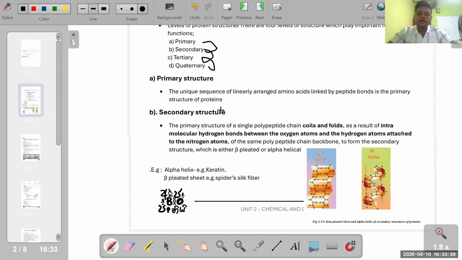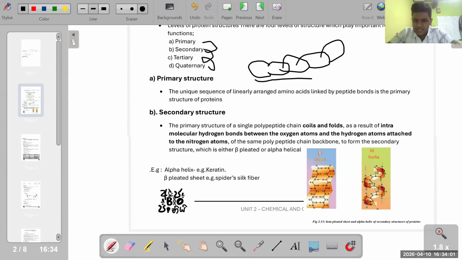What they have said is that the primary structure of a protein means the unique sequence of linearly arranged amino acids, which means just a polypeptide chain. As soon as it is formed as a complete chain, how does it look? It will look like a chain like this. So this complete chain, as soon as it is formed, is called the primary structure.